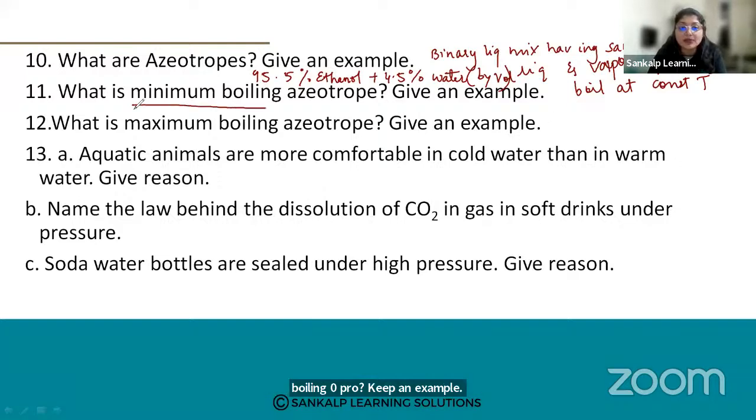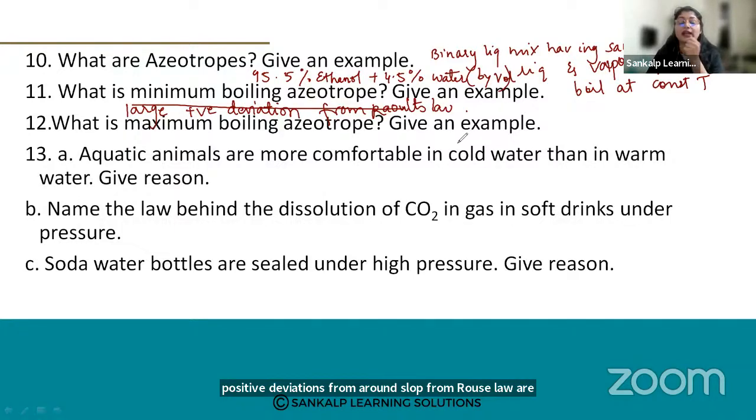The solutions which show large positive deviations from Raoult's law at a specific composition are called minimum boiling azeotropes. The same example can be given: 95.5% ethanol plus 4.5% water by volume. So this is about minimum boiling azeotrope.